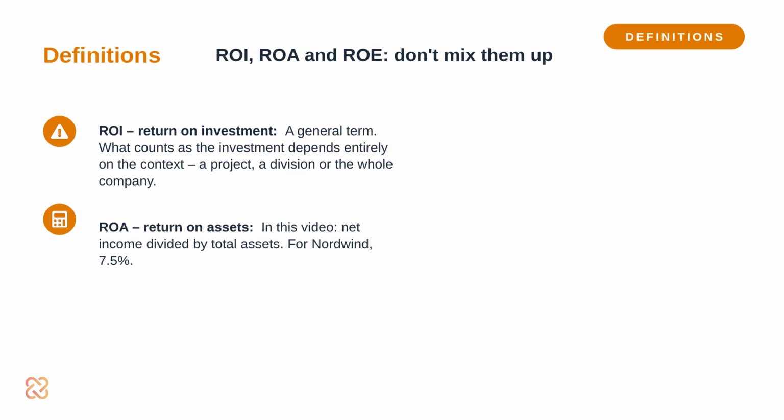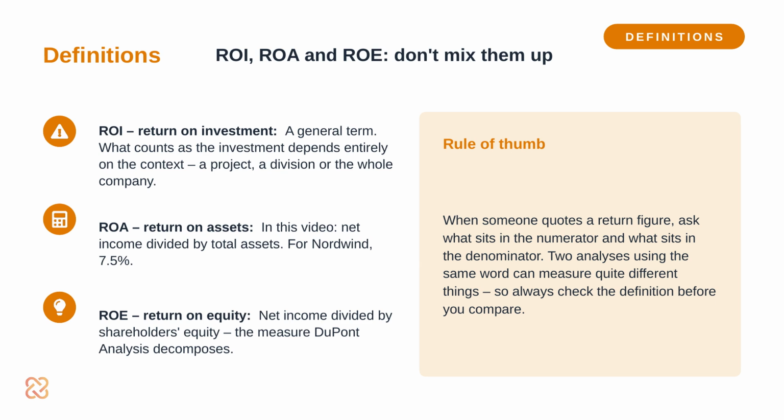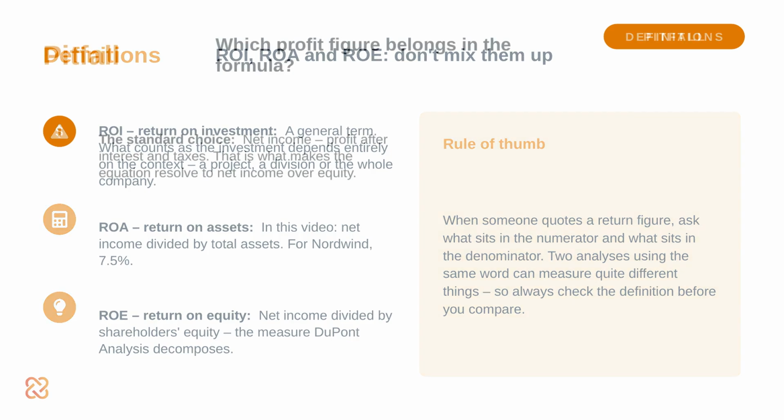That is our 7.5%. ROE, return on equity, is net income divided by equity. That is the figure DuPont Analysis breaks down. The rule is simple. Whenever someone quotes a return, ask what sits in the numerator and what sits in the denominator. Two analyses using the same word can measure very different things.